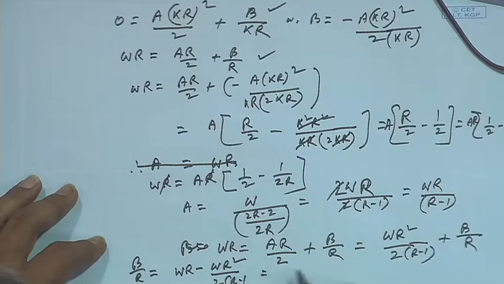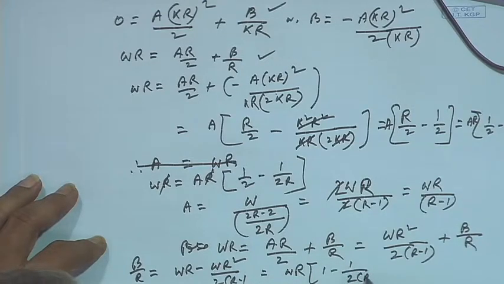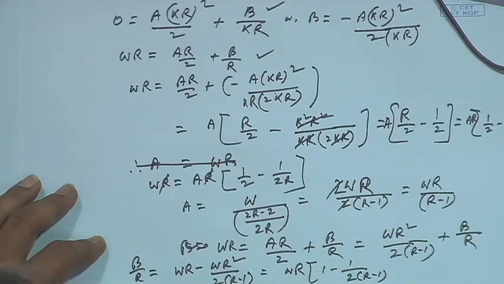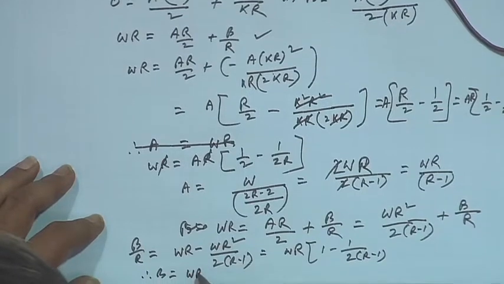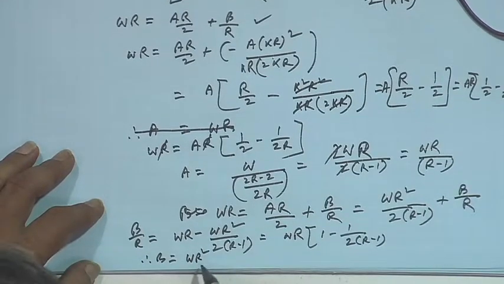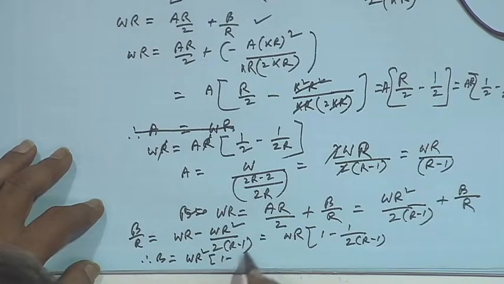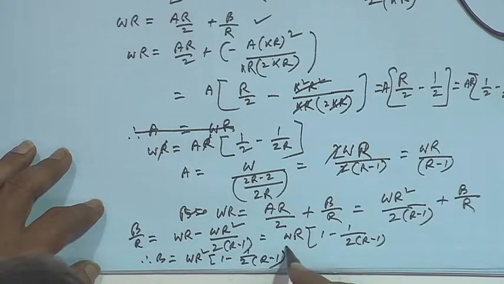If we take omega R common, then 1 minus 1 by 2 r minus 1. So, B is equal to omega R square into 1 minus 1 by 2 r minus 1.